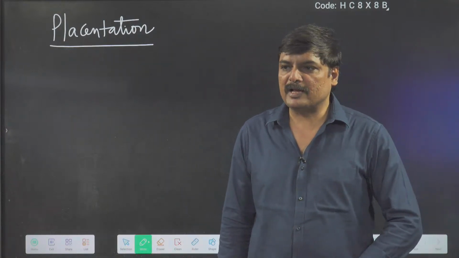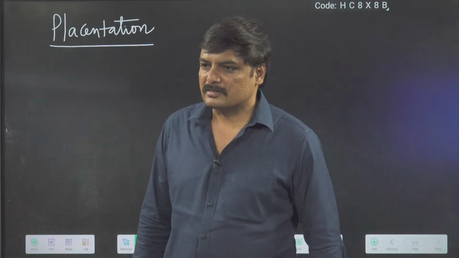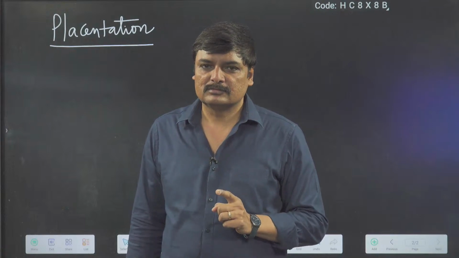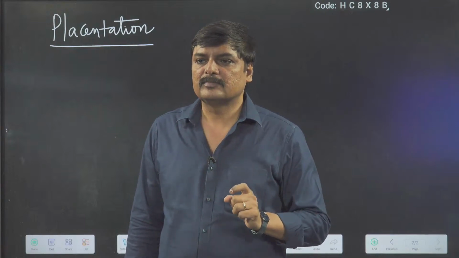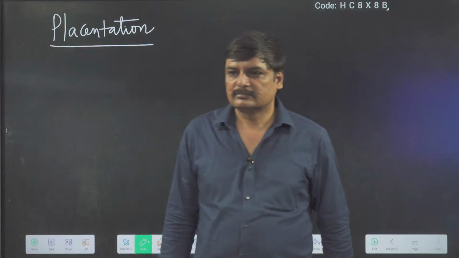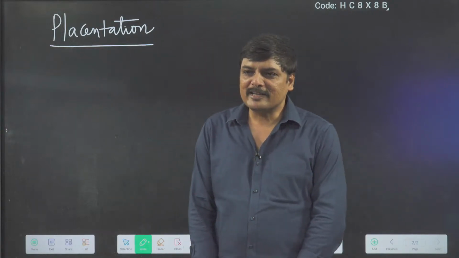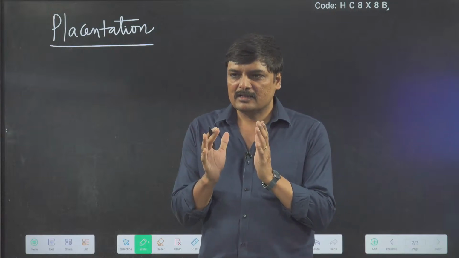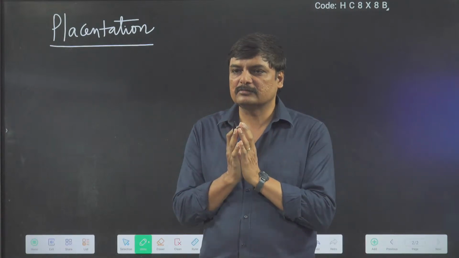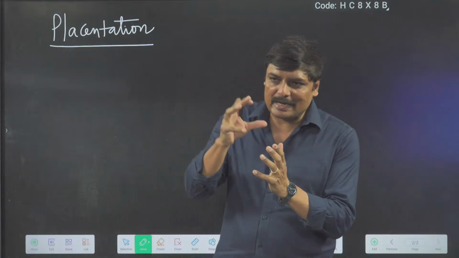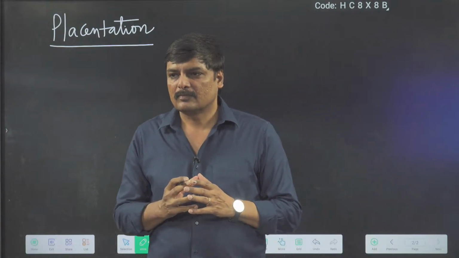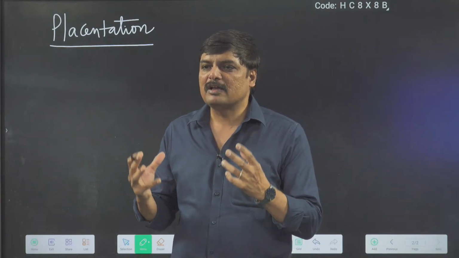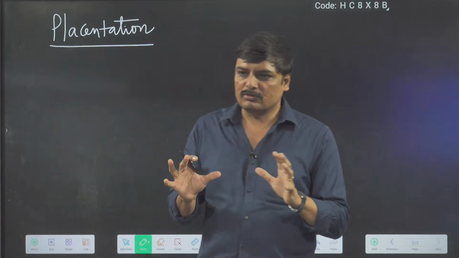Arrangement of ovules on the placenta is called placentation. What is placenta? Placenta is a soft cushion-like structure to which ovules are attached. Such arrangement of ovules on the placenta is called placentation. Good. Next.